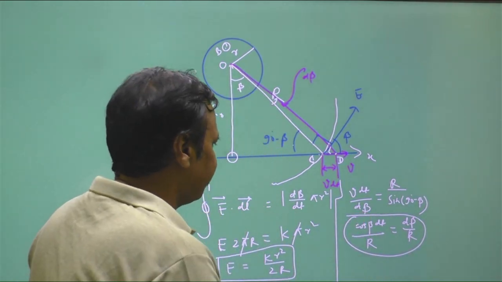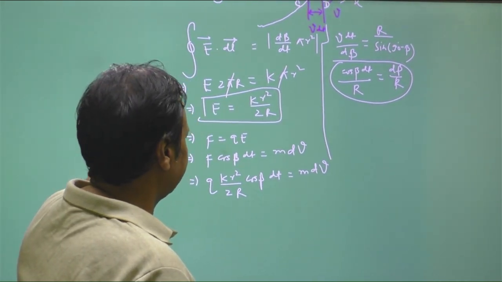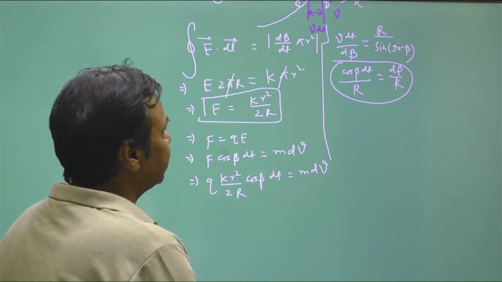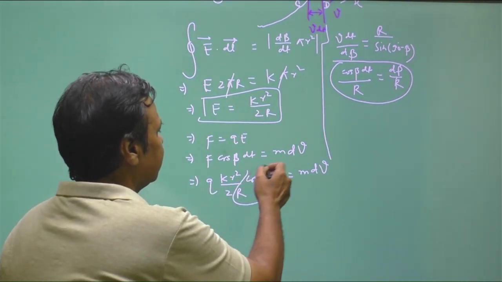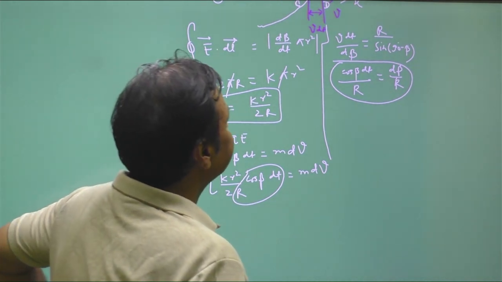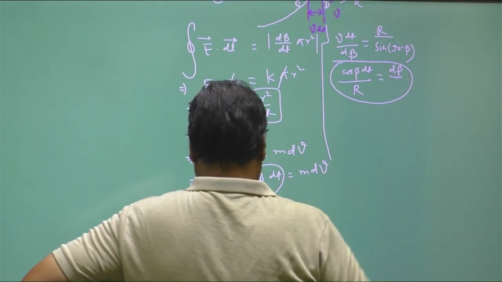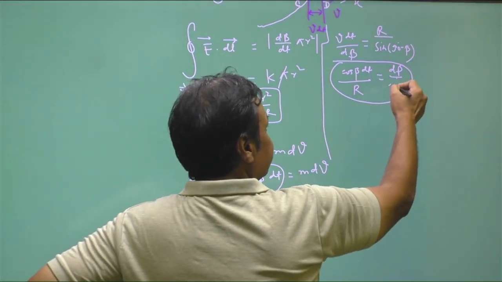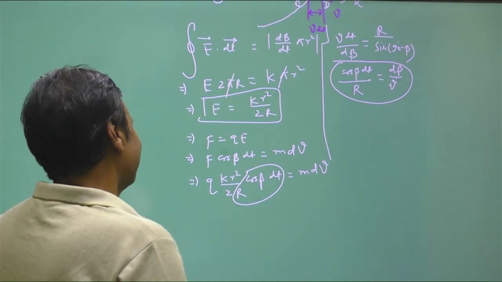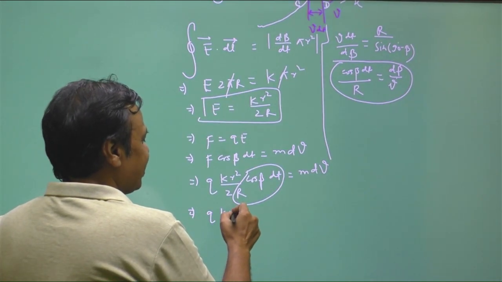Oh, we have this relation. Can you remember it for a while, so that I can make my calculation? Here it is cos beta dt by R, and this is dV by v. Here I made a mistake: this should be dV upon v. Okay, so got it.